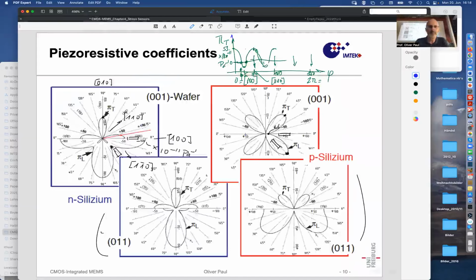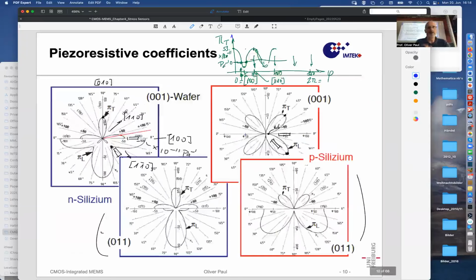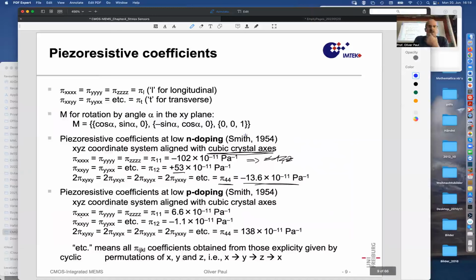quantities get calculated. And now, of course, we want to also extract those properties from some test structures. I gave you some values that are documented by early measurements of Smith, for N and P doping, relatively low doped samples.